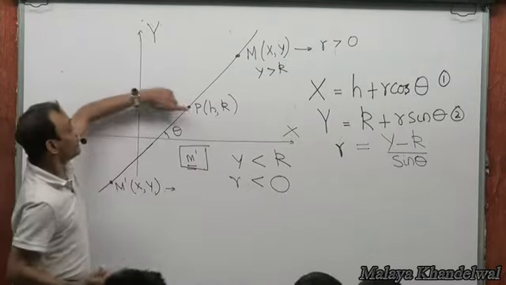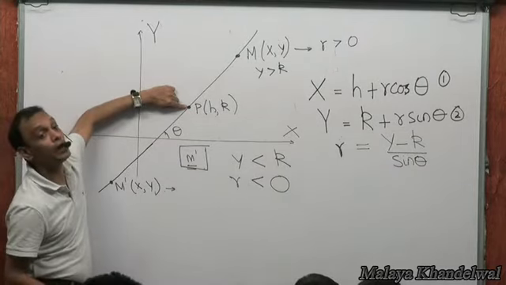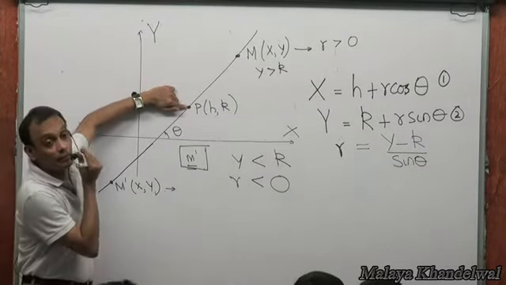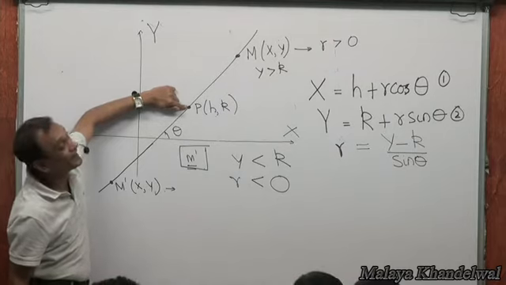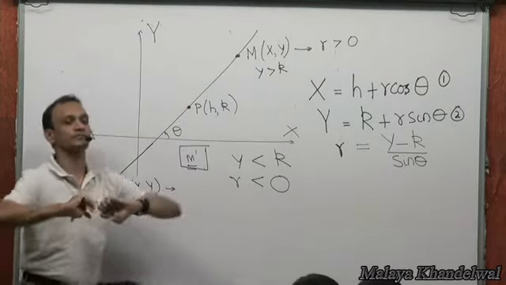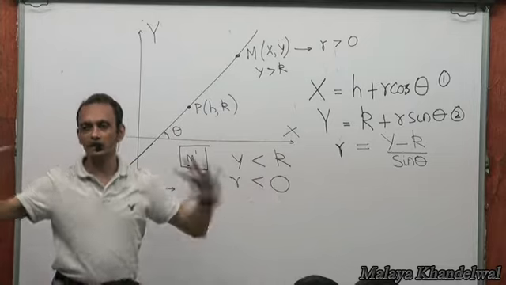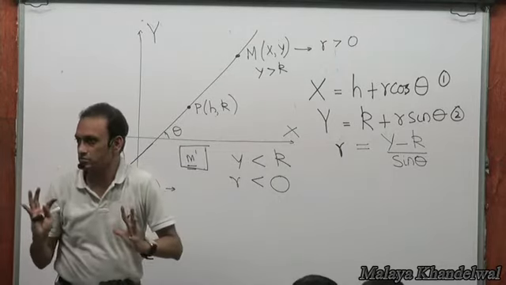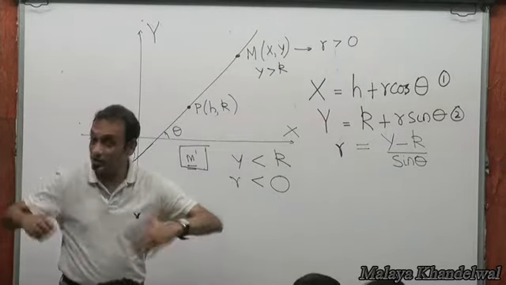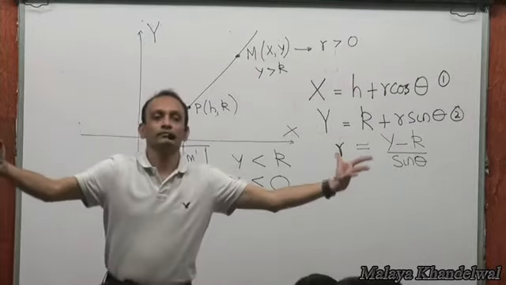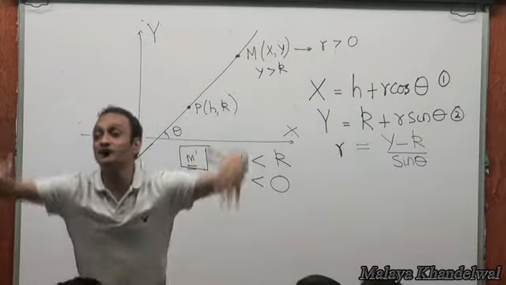And if M coincided with P, R would be 0. Which means a clear-cut demarcation. R is a parameter. It's an algebraic entity.